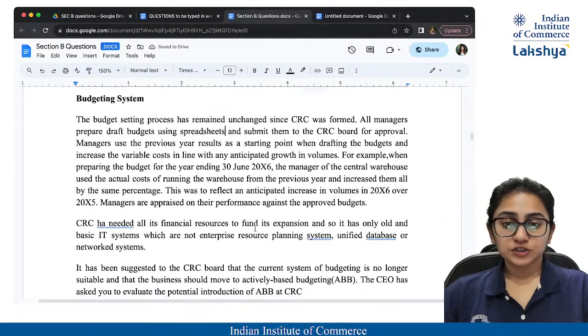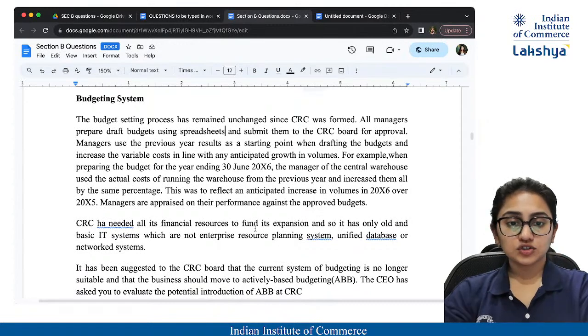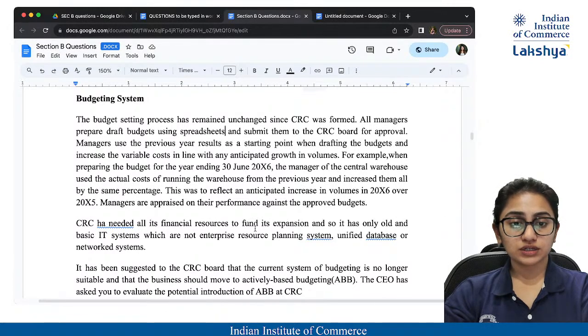The budgeting system: the budget setting process has remained unchanged since CRC was formed. All managers prepare draft budgets using spreadsheets and submit them to the CRC board for approval. Managers use the previous year's results as a starting point when drafting the budgets and increase the variable cost in line with any anticipated growth in volumes.